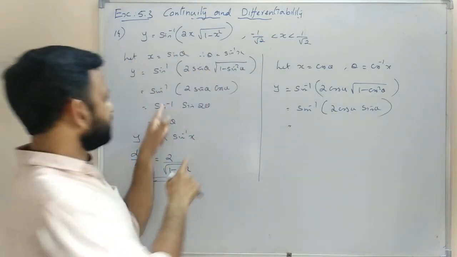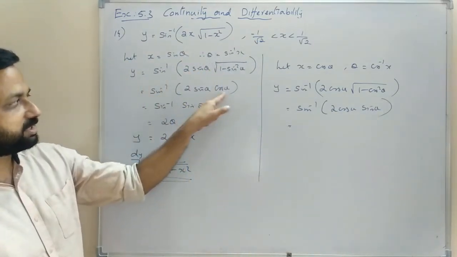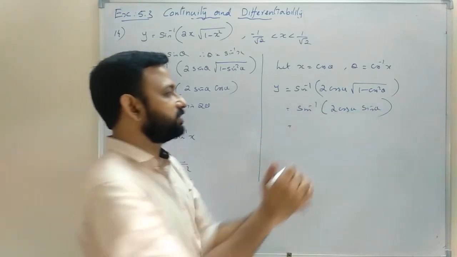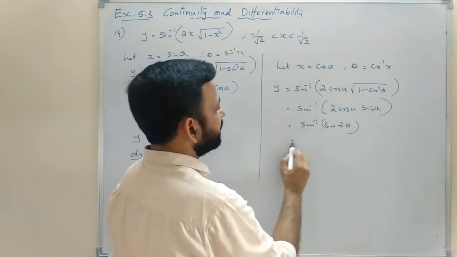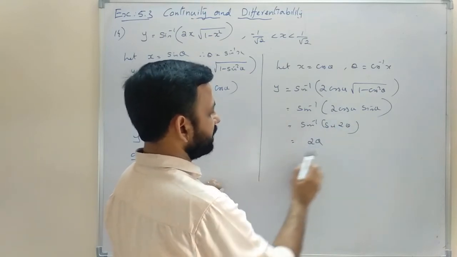Then again we got the same expression, sin inverse 2 sin theta cos theta, that is sin inverse sin 2 theta. Then sin inverse sin 2 theta is 2 theta.